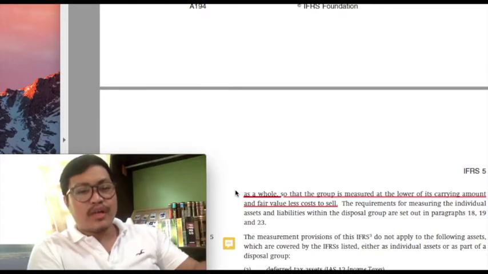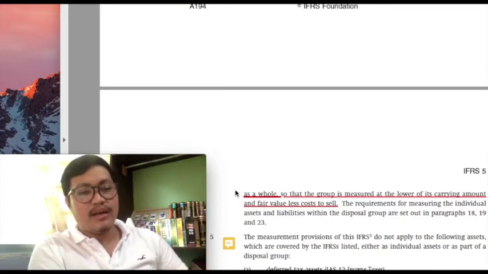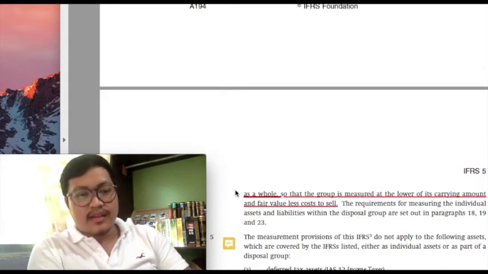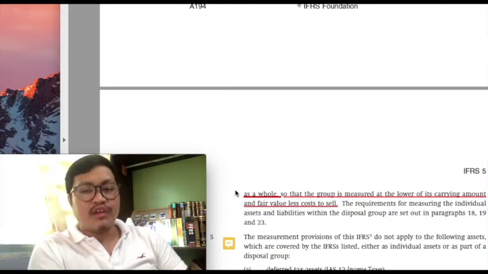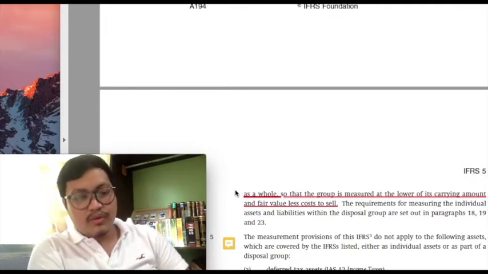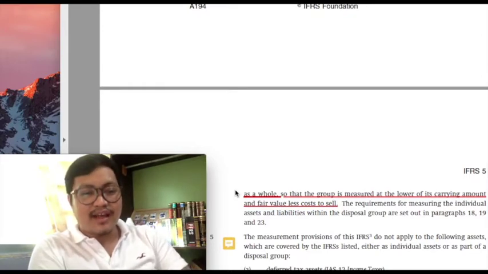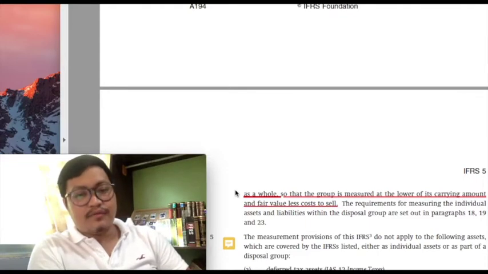So you look at its carrying amount while it was still a PPE, and you look at its fair value less cost to sell at the date of reclassification, then whichever is the lower between the two will now be the carrying amount of the asset as an asset that is held for sale.